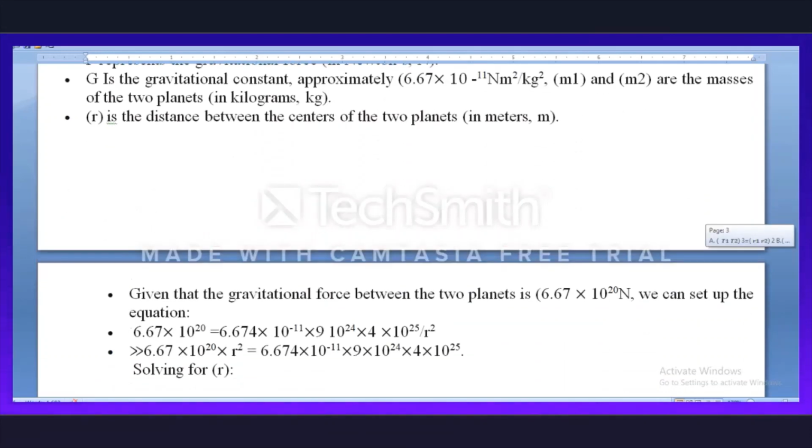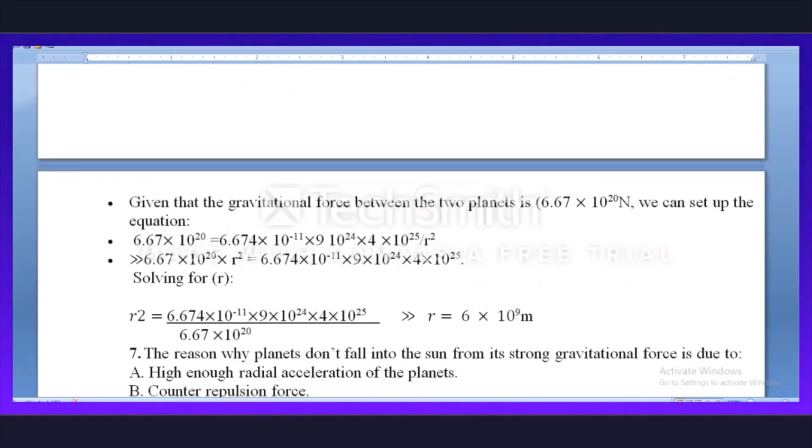When we insert the given values into the equation, with the gravitational force between the two planets being 6.67 times 10 to the power of 20, and rearrange, finally we get R equals 6 times 10 to the power of 9 meter. So the correct answer is C. C says 6 times 10 to the power of 9 meter.